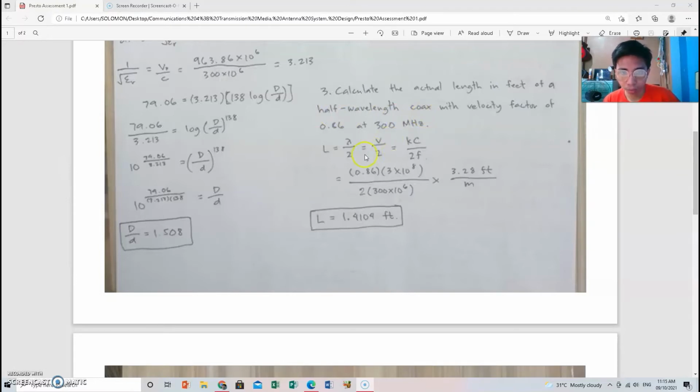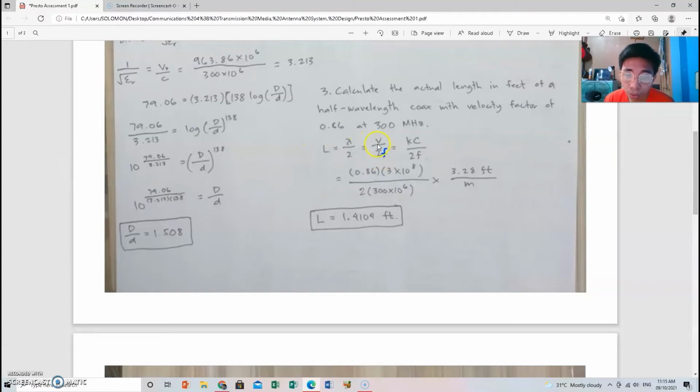Since the wavelength is equal to v over f, or the velocity over frequency, the length will be equal to v over 2f.